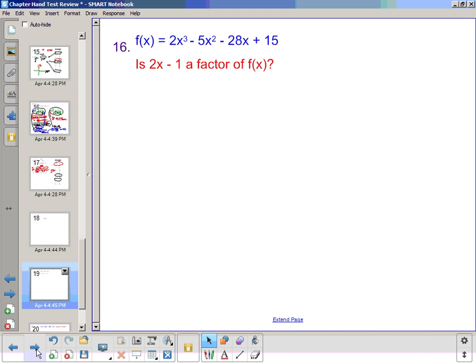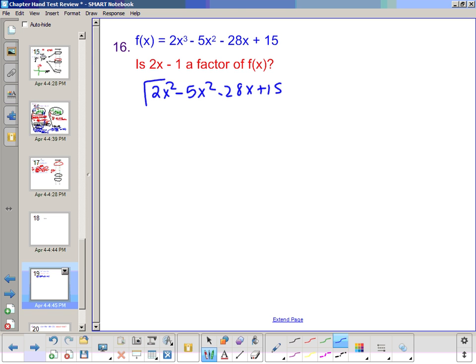Okay, the very last little piece here. We're wondering if 2x minus 1 is a factor of f of x. Well, that just means that if we divide f of x by 2x minus 1, we will get a remainder of 0.